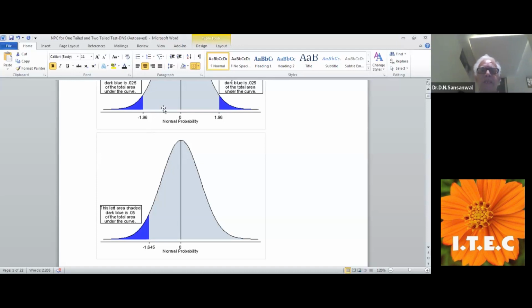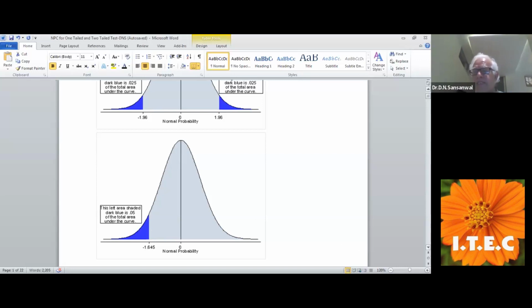See here, if there is a value here, then in the two-tail it is not significant because the error is more than 5%. But if you see over here, then you will find that it is significant. So a value which is not significant in the two-tail test will become significant in the one-tail test.